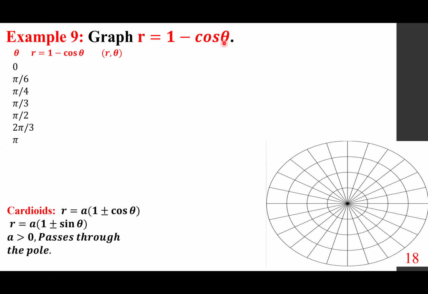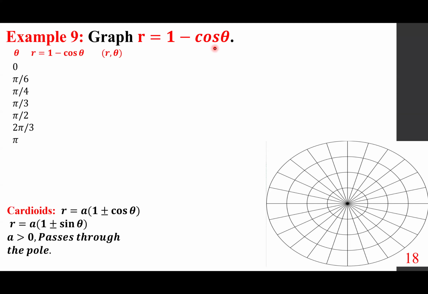If I put pi over 3, 1 minus 1 half, I get 1 half. That's easy. If I put pi over 2, cosine is 0, I get 1. If I put 2 pi over 3, cosine is negative 1 half because cosine is negative in the second quadrant. 1 minus negative 1 half makes it 3 halves.